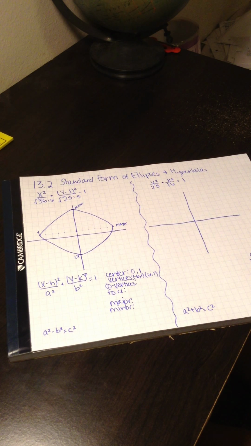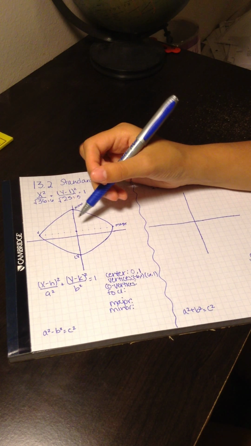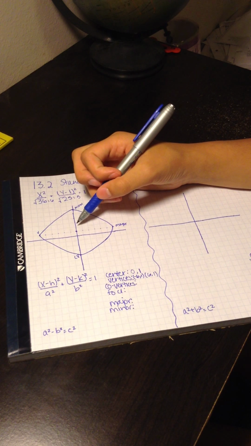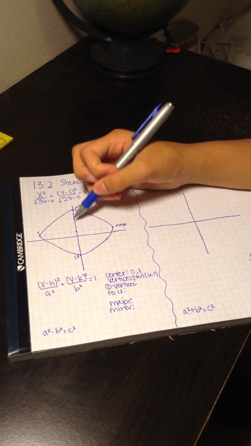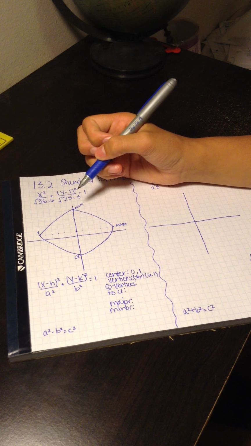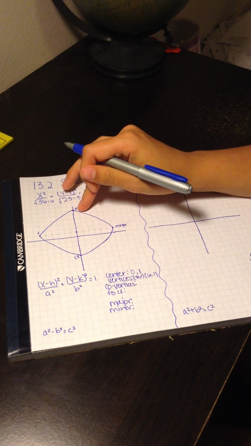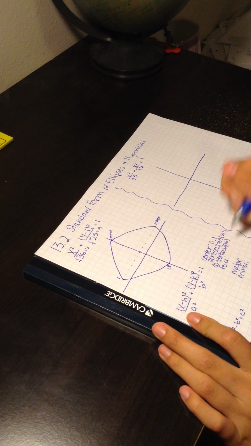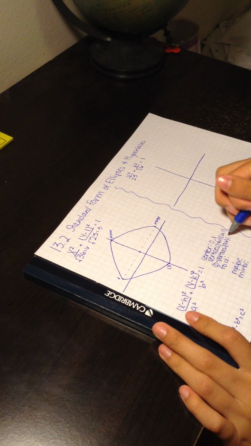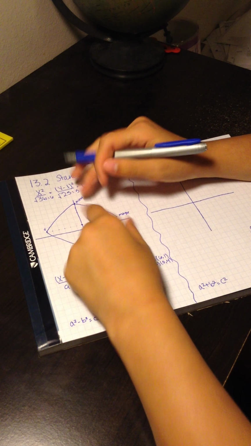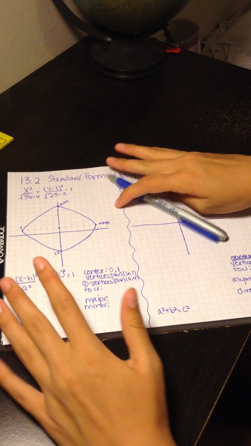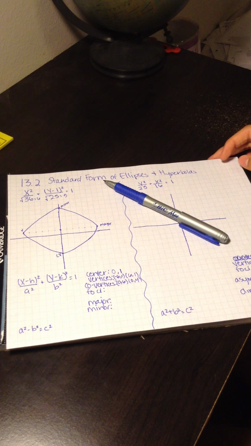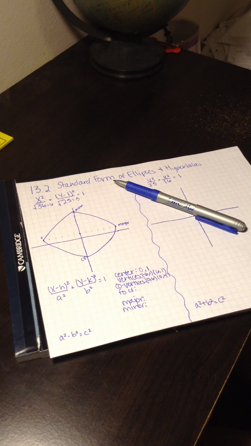And then for our co-vertices, 1, 2, 3, 4, 5, so 0, 6, and 0, 4. And that's the point that these lie on, okay? And they should always be whole numbers, and if they're not, you should have a really detailed graph if that's given to you on a test or a paper or whatever.